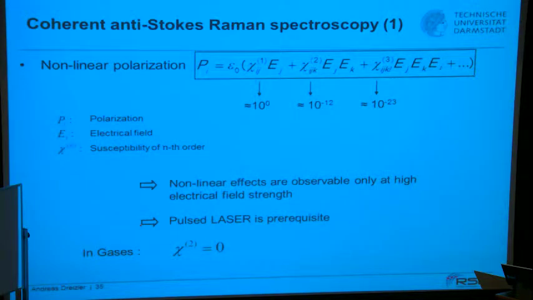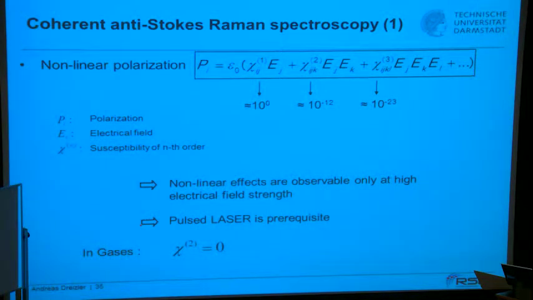I do my very best, and I guess I will fulfill your understanding only partly, so any questions are welcome. Let's get back to the explanation which we had in the context of Rayleigh and Raman scattering. Here it's expressed mathematically what is meant by a polarization. This quantity P means that you induce a polarization by the action of an electromagnetic field that interacts with your molecules.